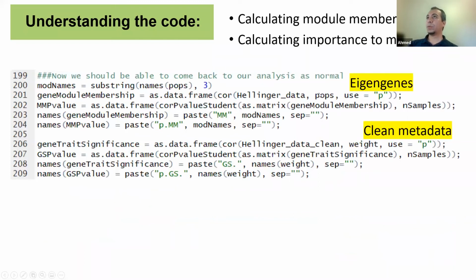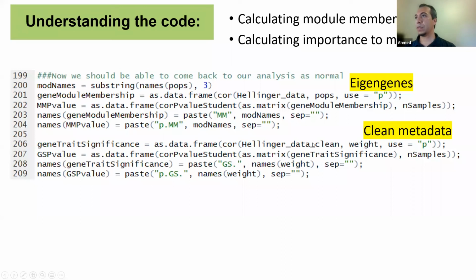All right, so I told you before that the first thing to get out of these modules is to correlate the module membership with the metadata. This first chunk here is trying to do the correlation between your Hellinger transformed data and your eigengenes. So this is the x-axis. And the other chunk here is trying to do the correlation between the clean data for Hellinger, because now we removed all of the samples that are missing environmental data, and your environmental data, again using Pearson.